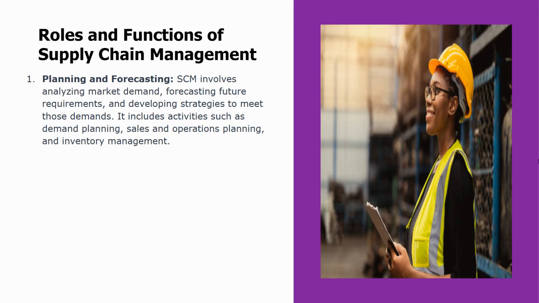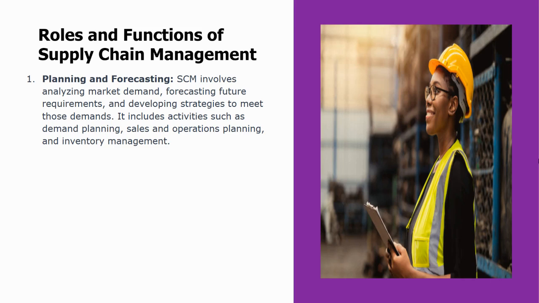Demand planning will look at how we make sure that we can plan to meet the demand of our customers. Then we look at sales and operations planning. How do we ensure that what we have produced from the manufacturing process can be sold to suppliers, can be sold to customers, and can be delivered to different players within the supply chain.